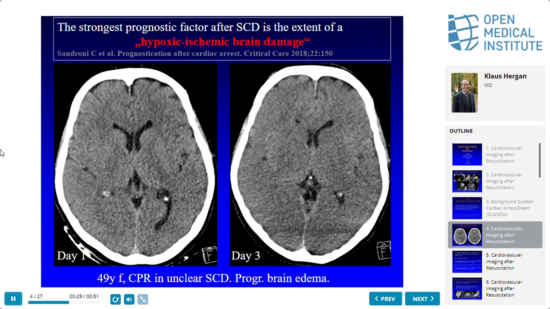In this case down there is a 49-year-old female patient. She had a resuscitation and a progressive brain edema, and you can see that there's a difference between the first day and the third day. So the prognosis is not very good in that case. So the most important prognostic factor is brain edema.